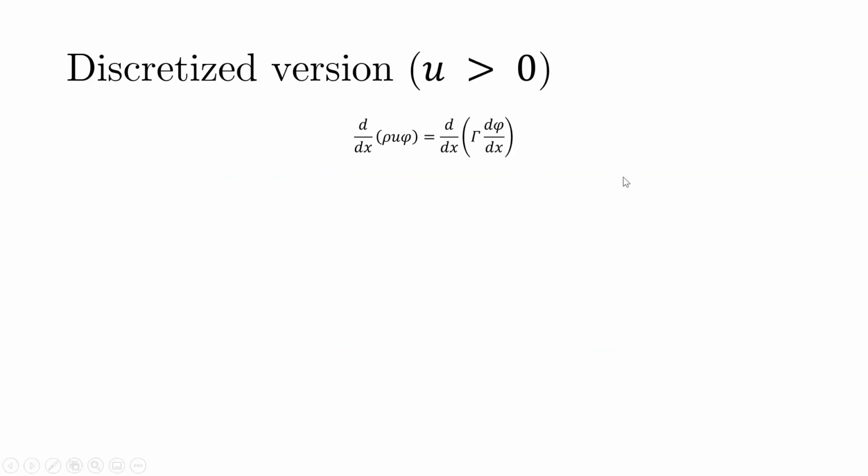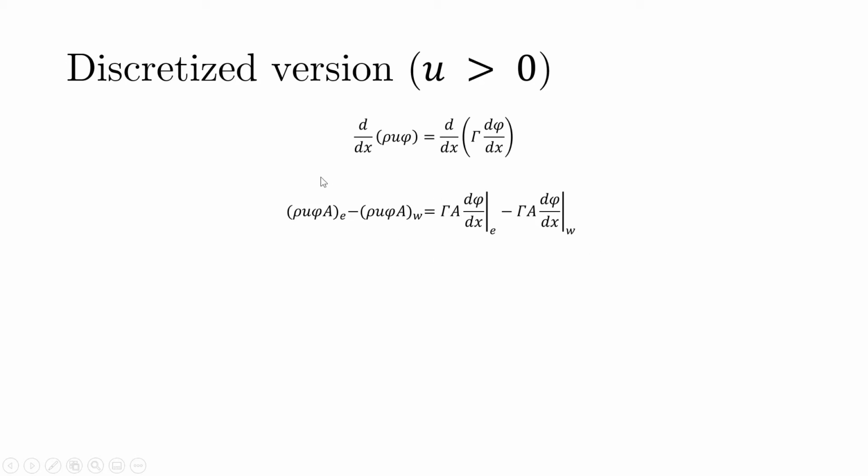Again, if we go back to the convection diffusion equation for a positive u velocity, we know that using the Gauss divergence, after integrating on the control volume, we get an equation of this form. We don't really need to worry about these diffusion terms. We are still handling them the same way as we did in central differencing.